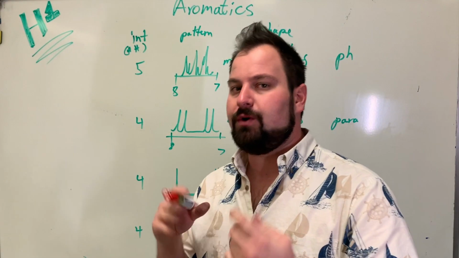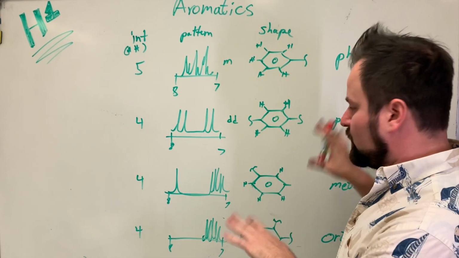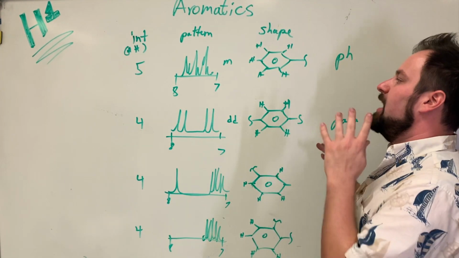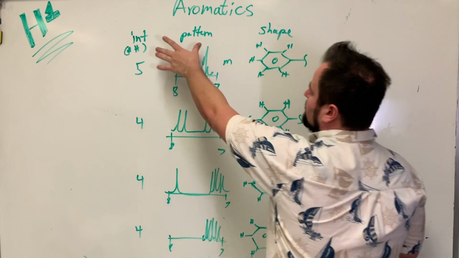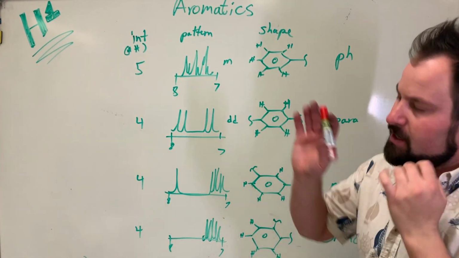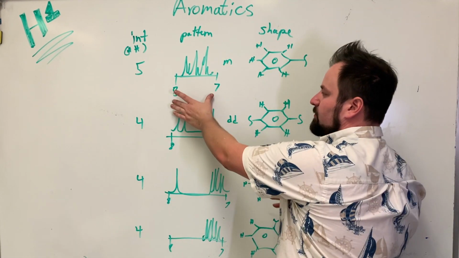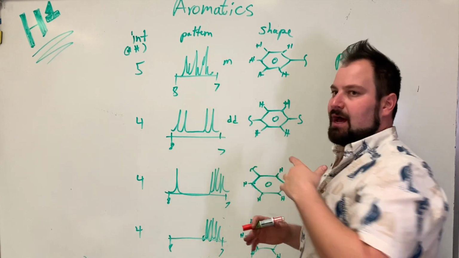Okay, one more word here about aromatics. For these, there are 4 main patterns that you'll see. They have specific integration, the pattern you'll see, what they actually look like, and what they're called. If we have an integration of 5, of course, this is for aromatics, so this is between chemical shifts 7 and 8.